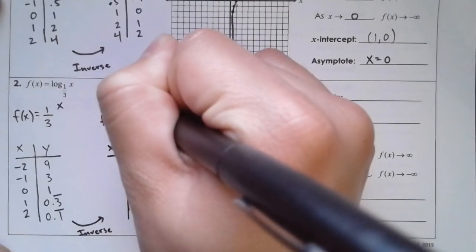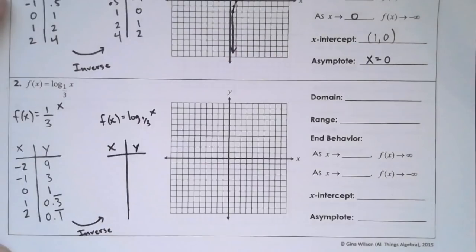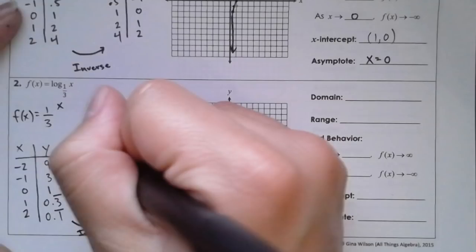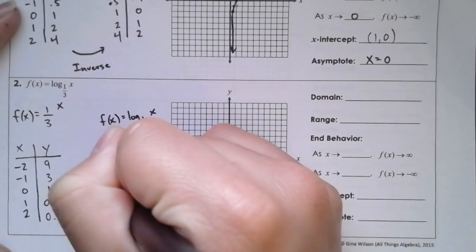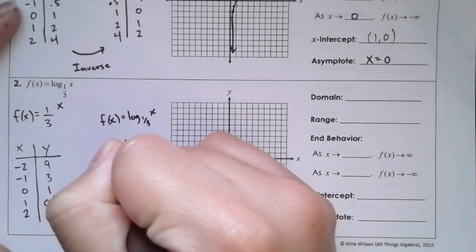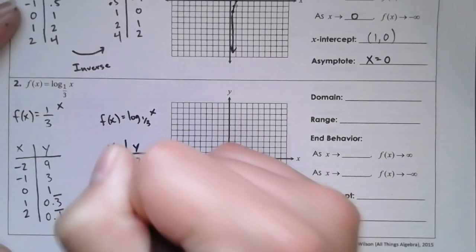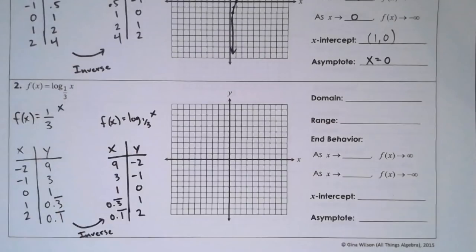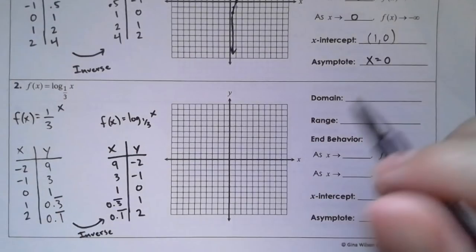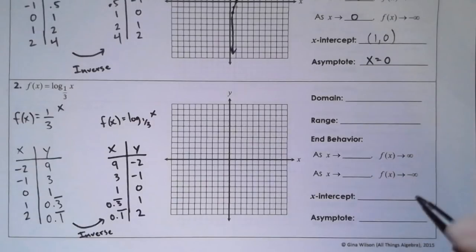So I get 9, -2, 3, -1, 1, 0, 0.3 repeating, 1, and 0.1 repeating, 2.